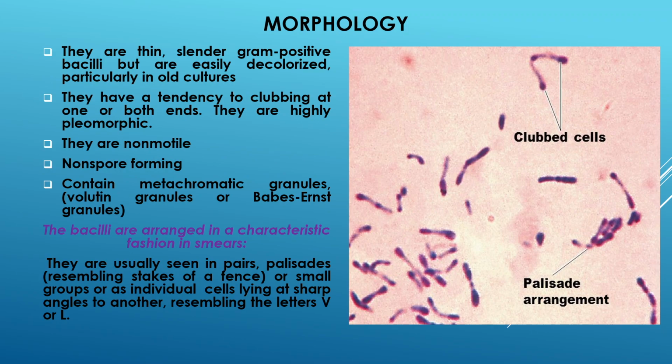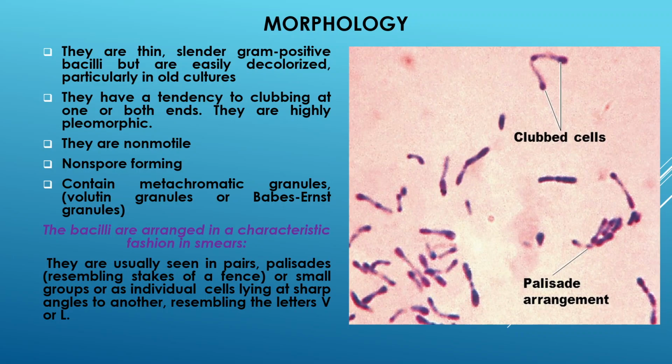Morphology: they are thin, slender gram-positive bacilli, but are easily decolorized, particularly in old cultures. They have a tendency to clubbing at one or both ends. They are highly pleomorphic, non-motile, non-spore-forming, and contain metachromatic granules, also called volutin granules or Babes-Ernst granules.